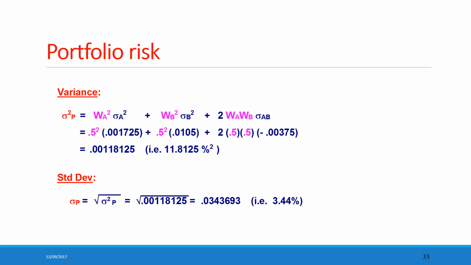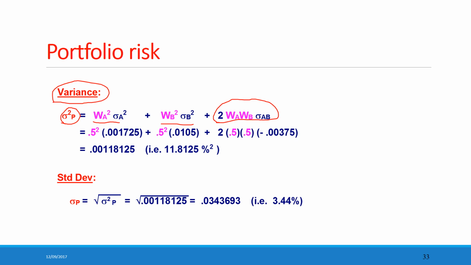To calculate the portfolio risk, we use the variance formula that we saw before. According to the previous slide, we know that for a 2-asset portfolio, for the variance, we have 4 terms. We have 2 variance terms, and then we have a pair of the correlation term, or the covariance term.